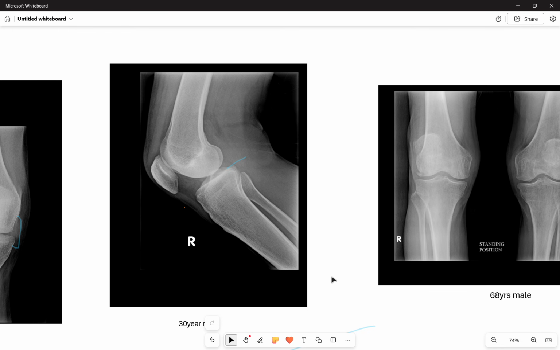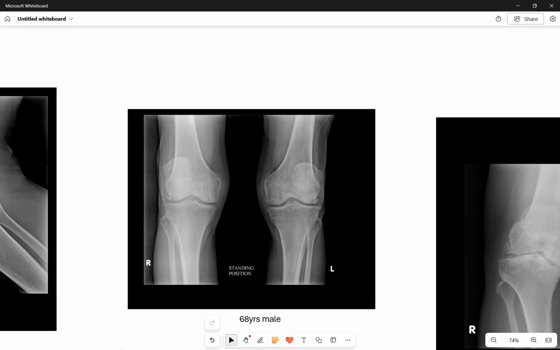Now what happens in early osteoarthritis? This is a knee joint of a 68-year male, and if you look at it, here the joint space is almost preserved. It is normal. But there are certain bony changes over here. If you look at this, this is an osteophyte, a bony spur. The cartilage has started degenerating.